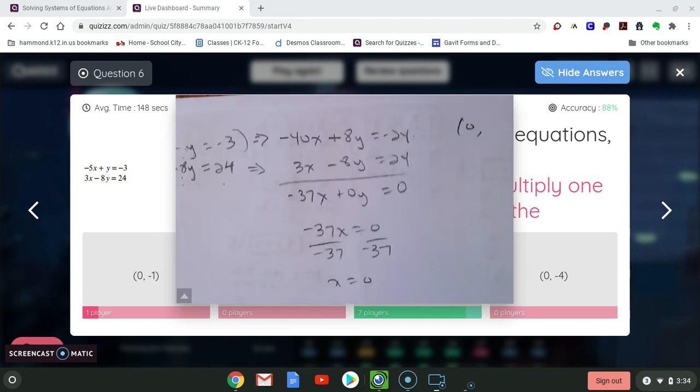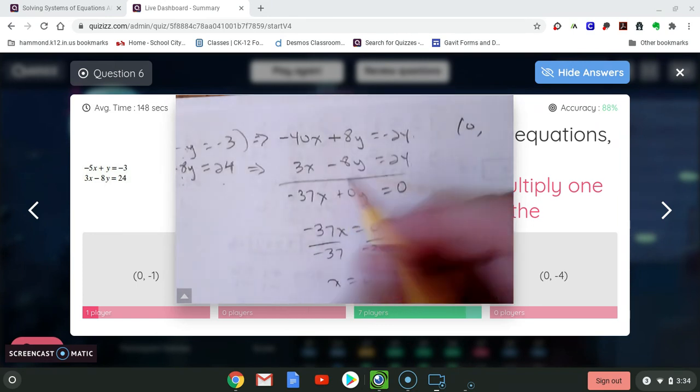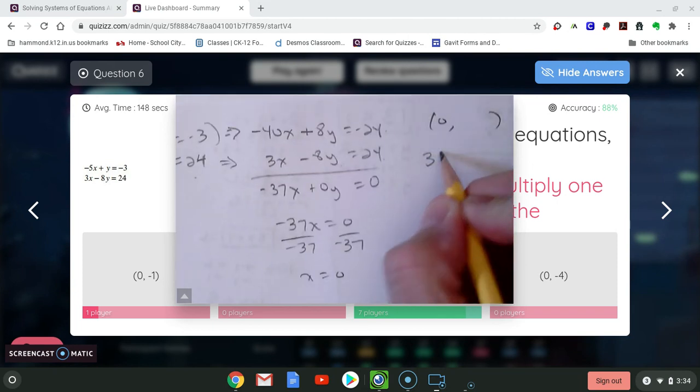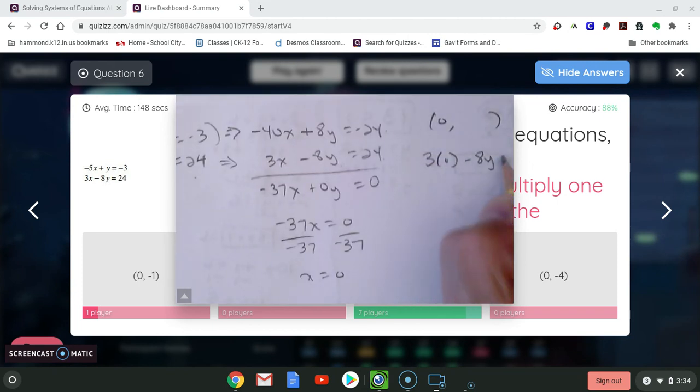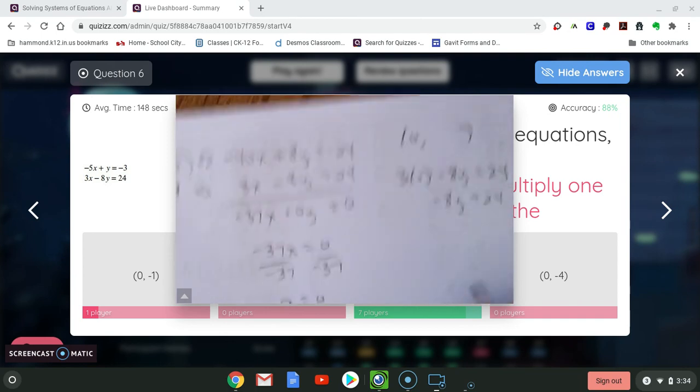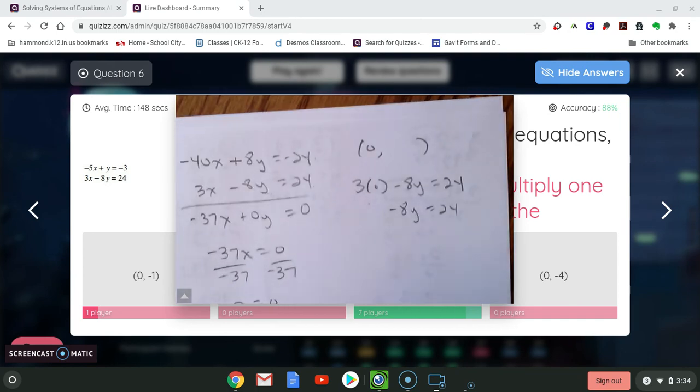So now we can substitute back into either one of our original equations, and I'm just going to use this one because it's in the window. So 3 times 0 minus 8y equals 24. So negative 8y equals 24 because anything times 0 is 0. Divide by negative 8.